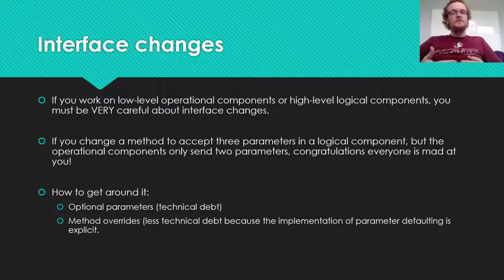Or you would want to provide a method override if you're using an object-oriented design. That override will allow the new code to work in the new way to support the new feature that has the third parameter, but it would also provide legacy support for calls that predate this brand new feature.